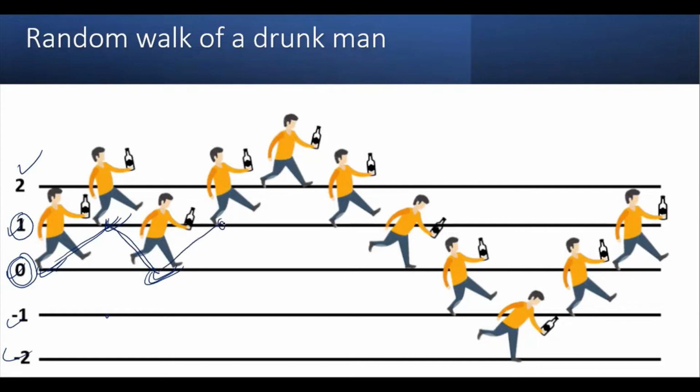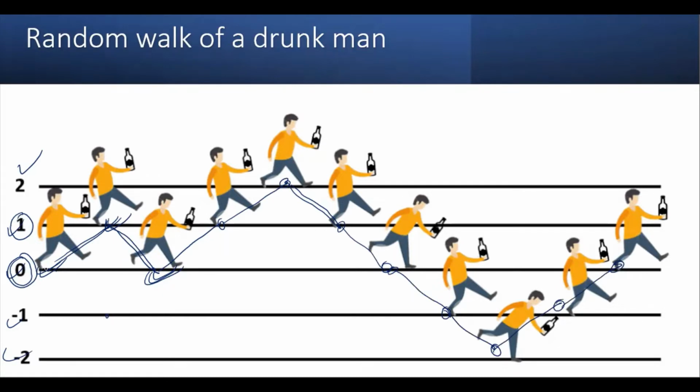Next time also this guy wins or goes like that because he is a drunk man. He has no idea, moving randomly. Then comes here 1 unit, 2 to 1. The difference is 1 here. Again here 0. Then from 0 to -1, -1 to -2. Then again increment. So either there will be 1 increment or 1 decrement.